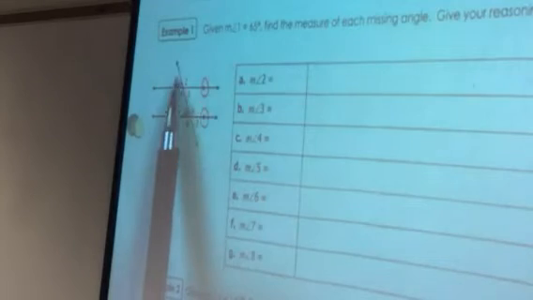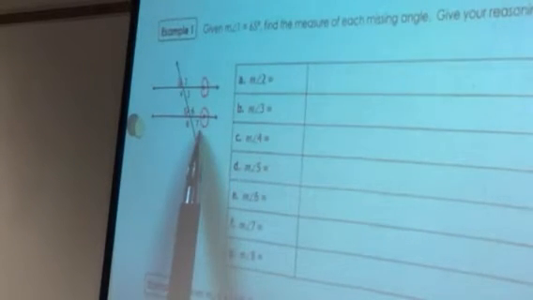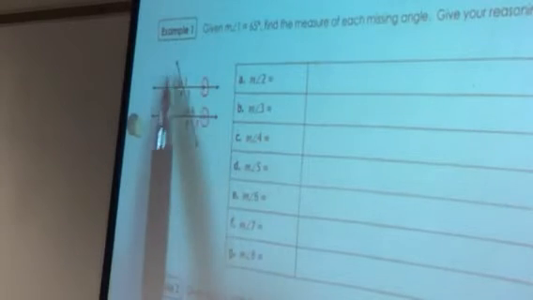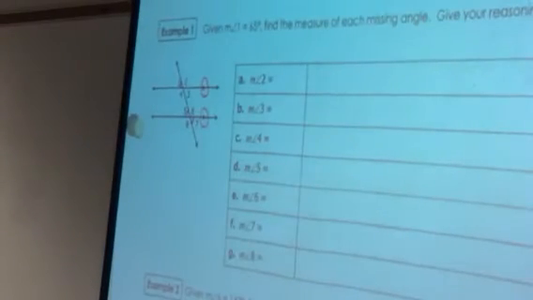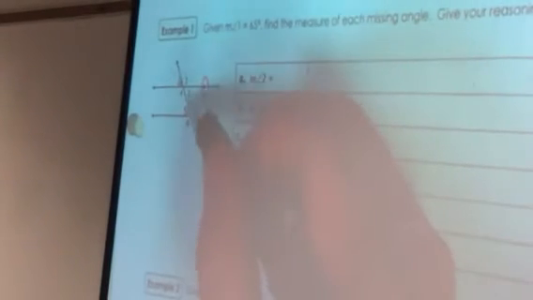So angle 1 and 5 are corresponding. Angle 1 and angle 7 would be alternate exterior, right? So 1 and 7 also have to equal. And then if I look at this, 7 and 3 are both in the bottom right.